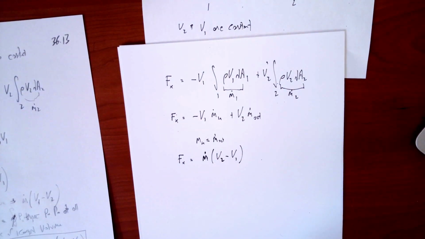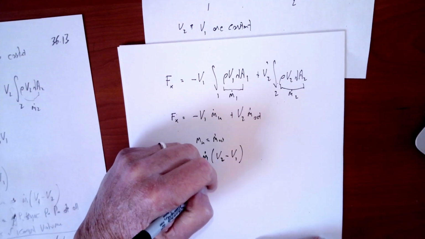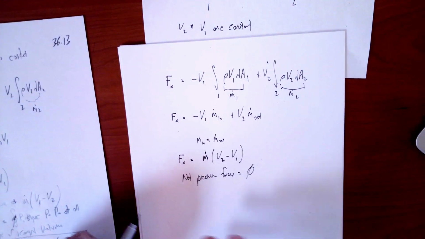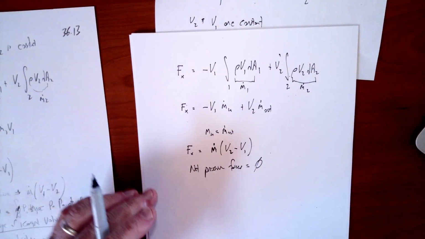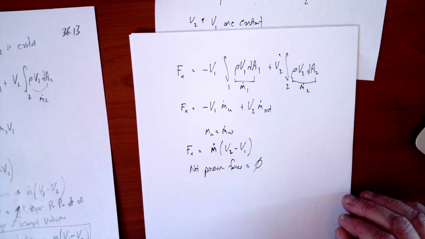The net pressure force is 0, as we said. That force could include pressure forces, but the net pressure force equals 0 because there's atmospheric pressure all around the control volume, so there's no net force resulting from all those pressure contributions.